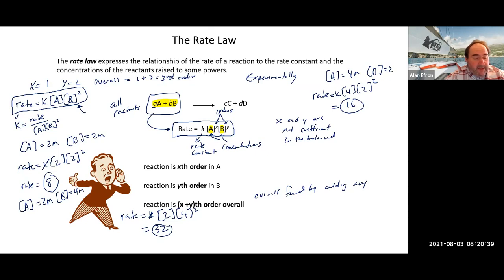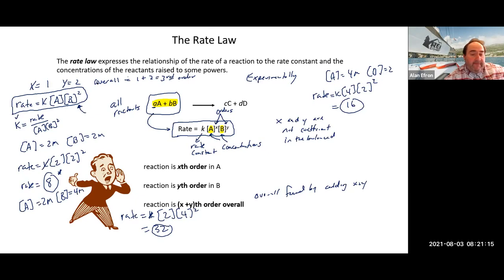In that case, compared to our original, we were able to double the rate by doubling the reactant A. You also obviously could do the opposite if you wanted to slow down a particular reaction and not allow it to occur as fast. You could lower the concentration of one of the reactants, or the other reactant, and predict how much slower a reaction would occur. In this last example, we would predict it to be twice as fast as it was originally.